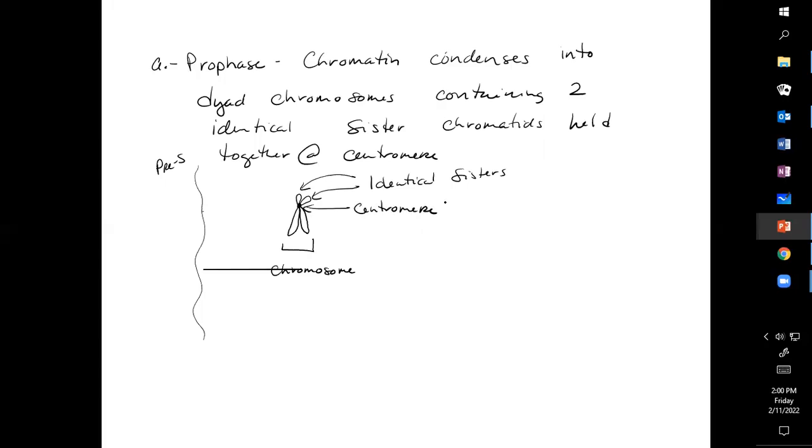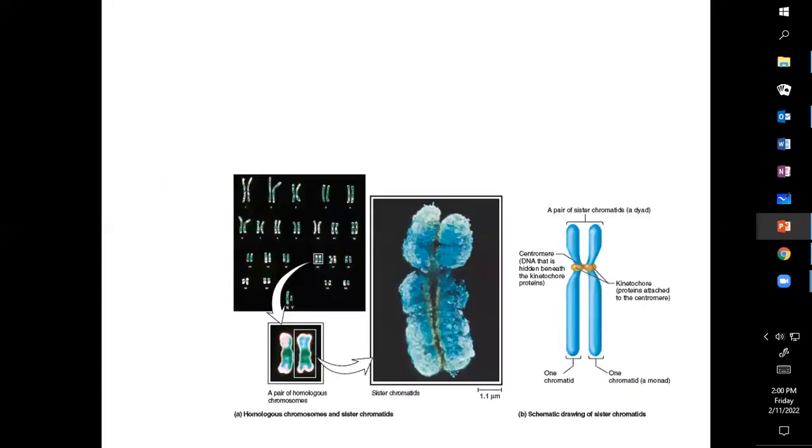So let's take a look at an image of what one of these looks like. Here you can see an electron micrograph of a dyad chromosome held together at this constricted area that is the centromere, with 2 identical sister chromatids. This is a cartoon representation of it, showing these identical sister chromatids held together at the centromere.